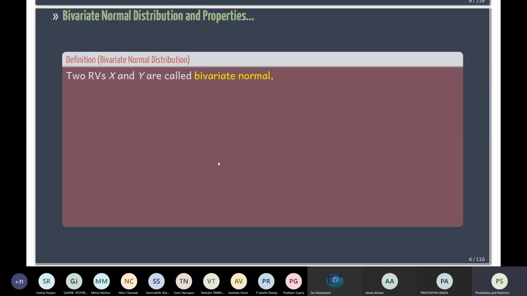Two random variables X and Y are called bivariate normal or jointly normal if aX plus bY has a normal distribution for all a, b in R. Okay, so two random variables will be defined to be bivariate normal if their linear combination is also a normal distribution, for all a and b.